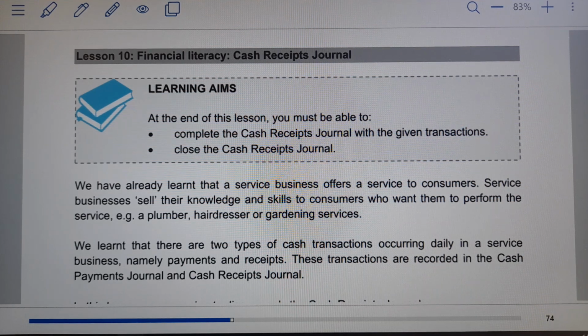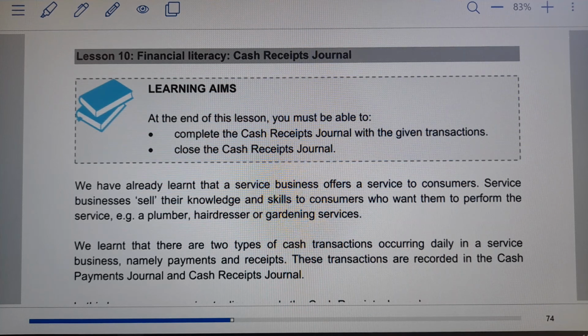Hello again. Today we are looking at lesson number 10, still under financial literacy. But today we are looking at cash receipt journals. Remember, lesson number 8 was the accounting cycle with 6 steps.